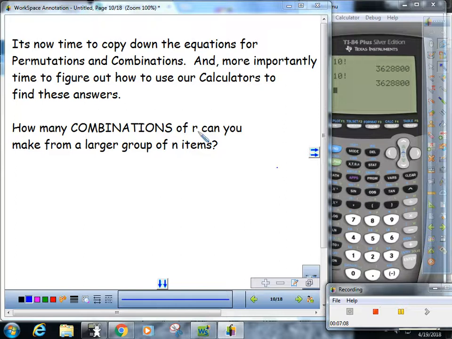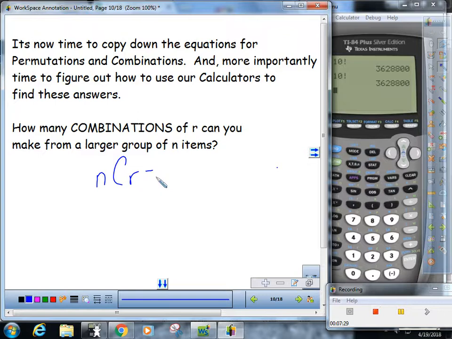So let's say we've got 4 people. How many different groups of 2 could we fit from those 4 people? Okay. So what this is, you would call this n choose R. Or n combinations R.